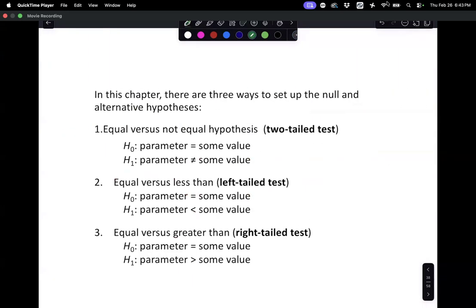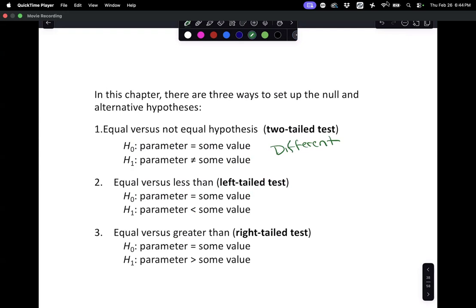Right. So this is important here. If we see the word different, it is a two-tailed test. If we say, I think it's different, it's called a two-tailed test because it could be greater than and it could be less than.